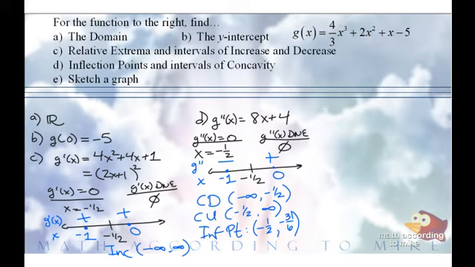Part E, sketch the graph. Okay, let's combine both number lines. We only have one critical value, yet again, -1/2. From part C, we learned the function is always increasing. In part D, we learned to the left of -1/2, it's concave down, and to the right, it's concave up.